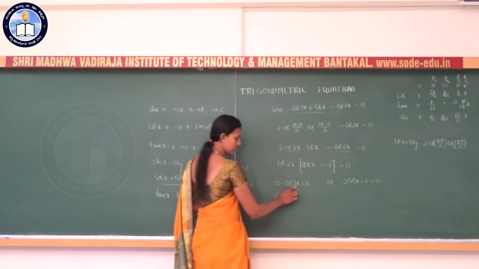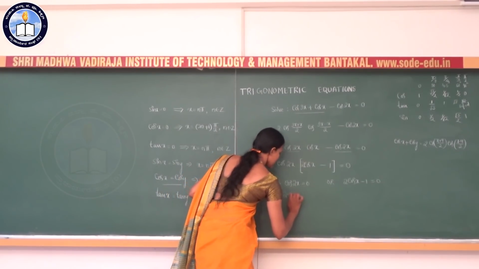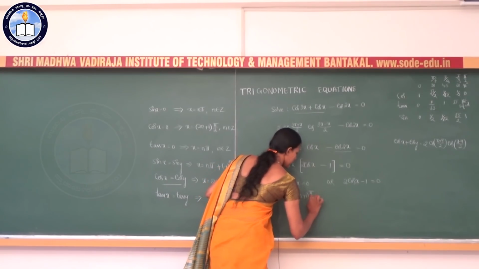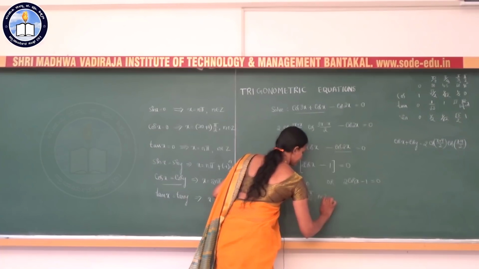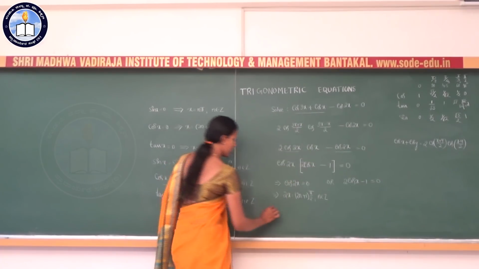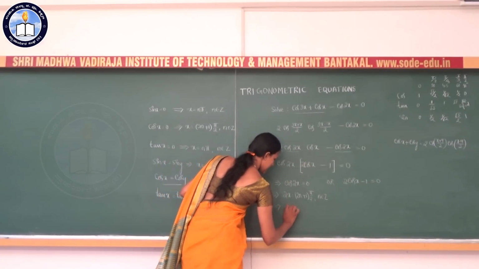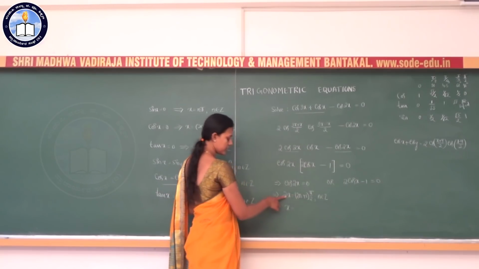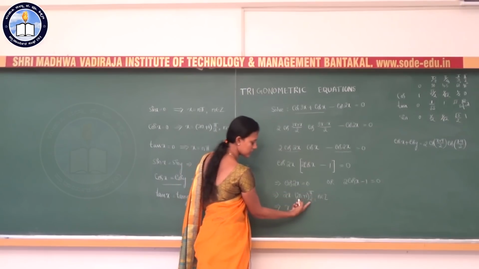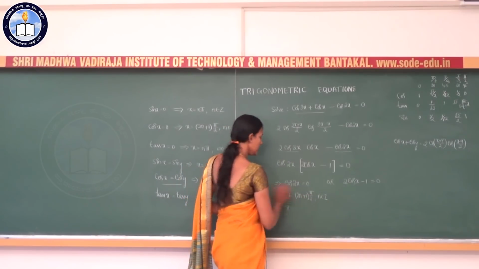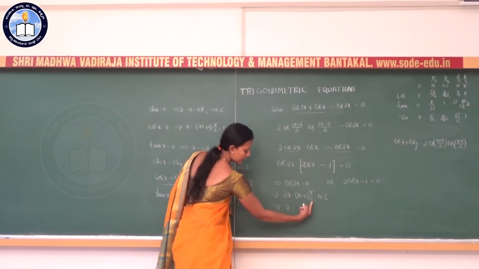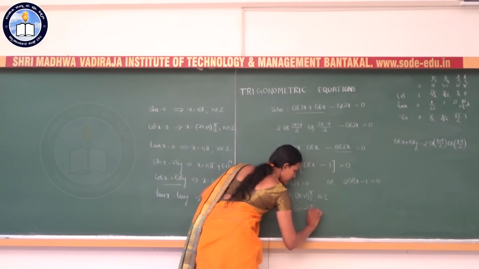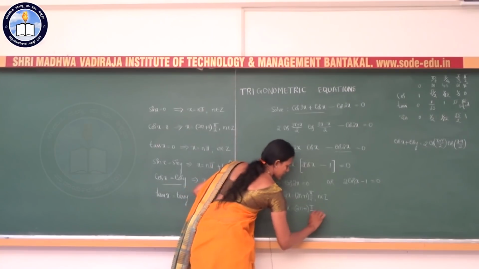So here the angle is 2x. So 2x is odd multiple of pi by 2. Or we can solve it for x. Take this 2 to the right hand side; here it is multiplication, so when you take it to the right hand side, it will be in the denominator. 2 into this 2. So it is 2n plus 1 into pi by 4.